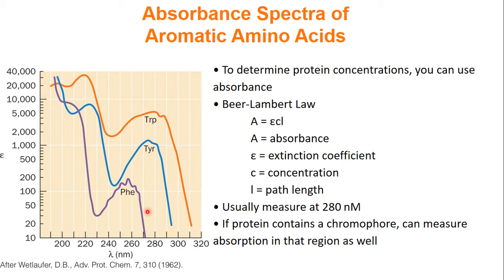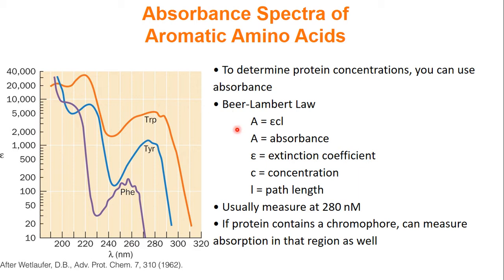And that's because if we look at this plot here, both tryptophan and tyrosine absorb light at 280 nanometers. Phenylalanine also absorbs light at 260, but DNA absorbs light at 260 as well, so we don't use that wavelength. We use 280 to measure protein concentration.